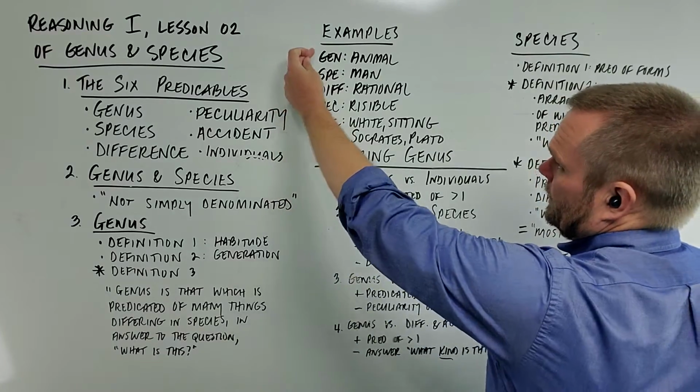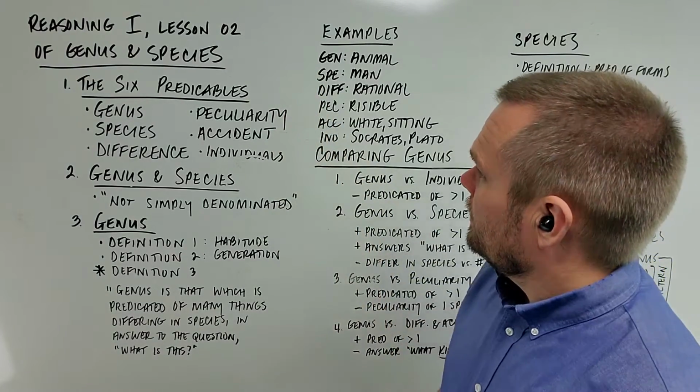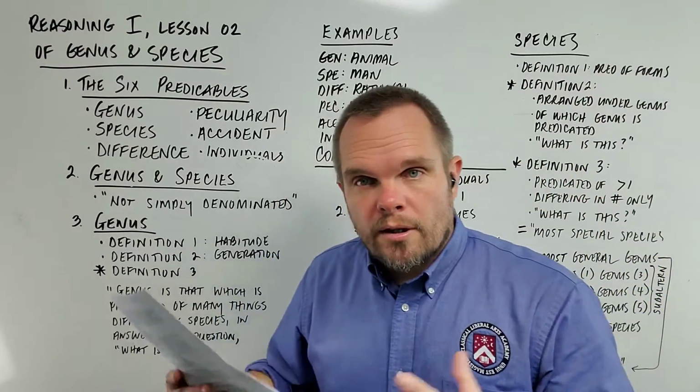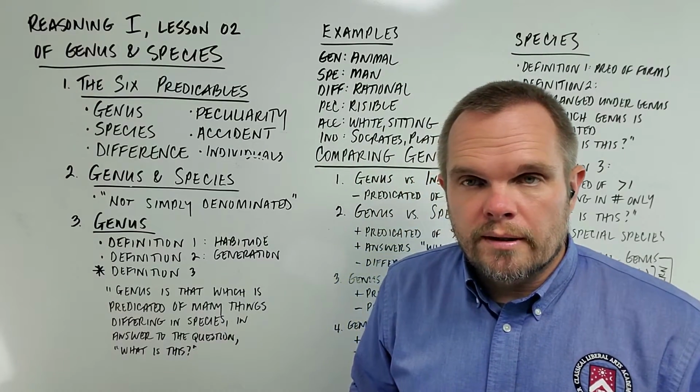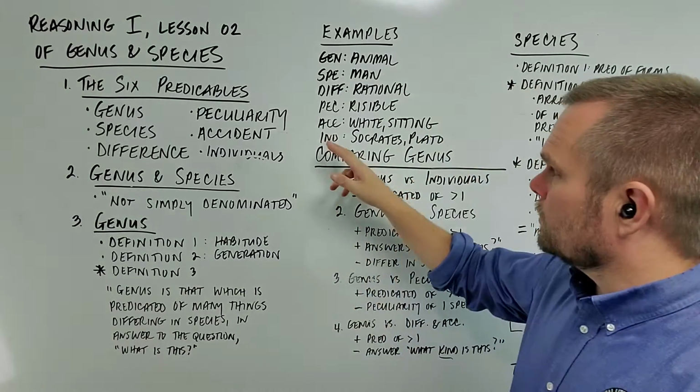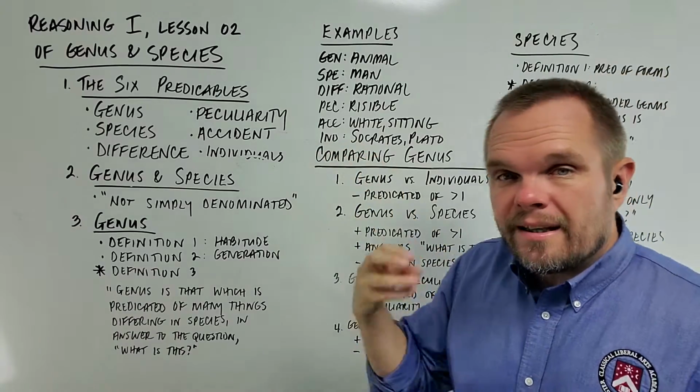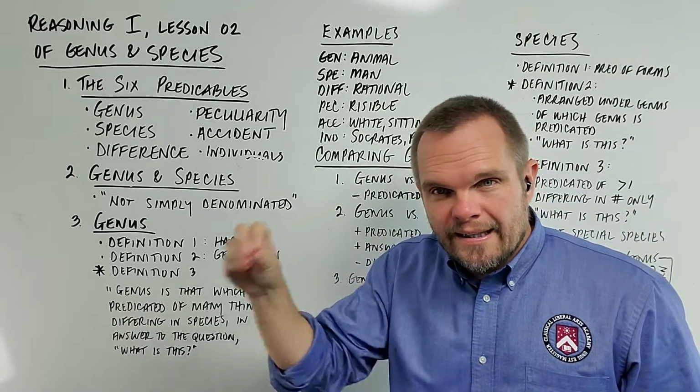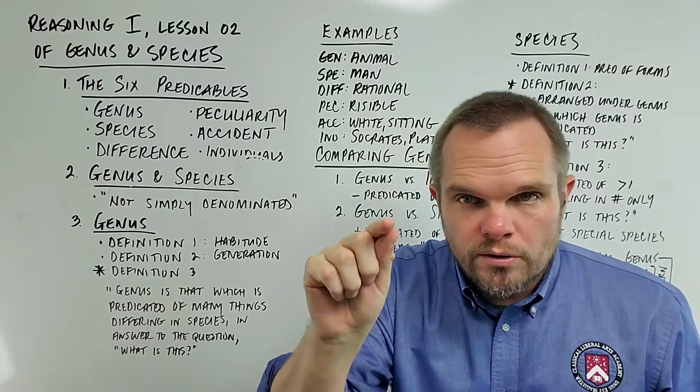Okay, so these examples here, I think you can see, start to make this really clear. We can see what each thing is. What's an individual? It's an individual person or individual animal, like your dog.